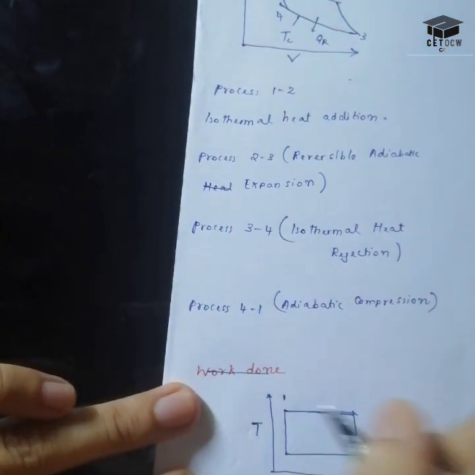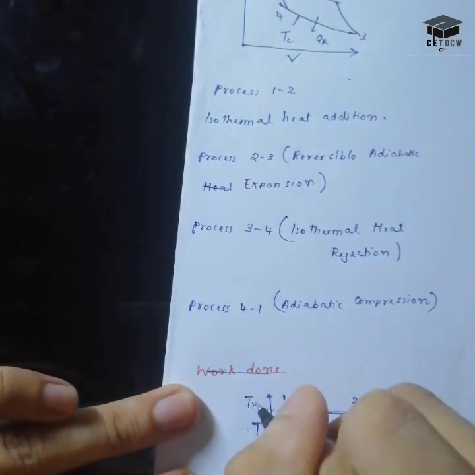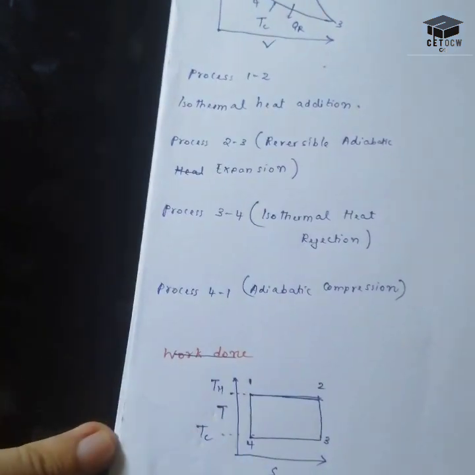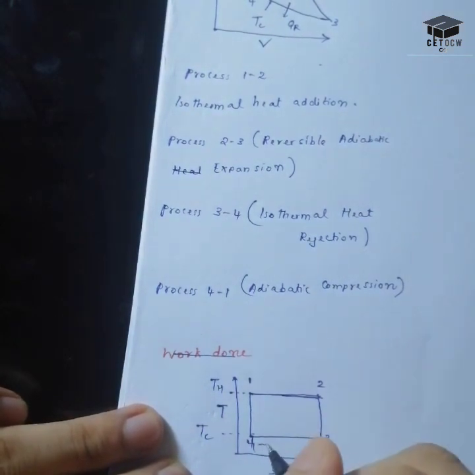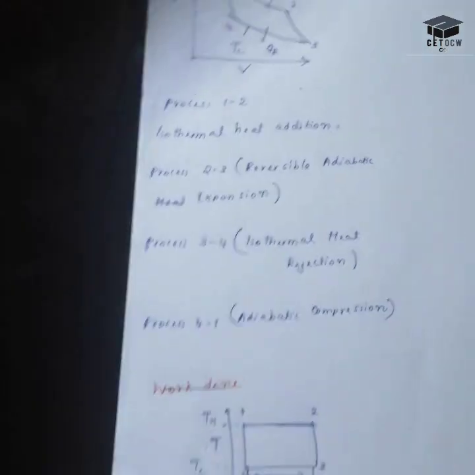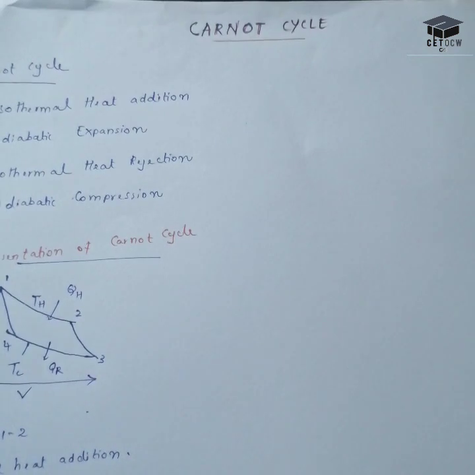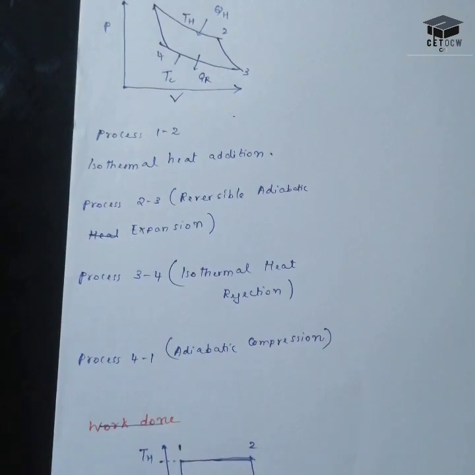This will be process 1 to 2, then 3, and this will be 4. This temperature is TH, and this temperature is TC. Let the change in entropy be delta S. This is how we represent the Carnot cycle in a TS diagram.